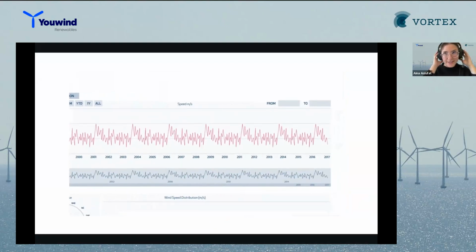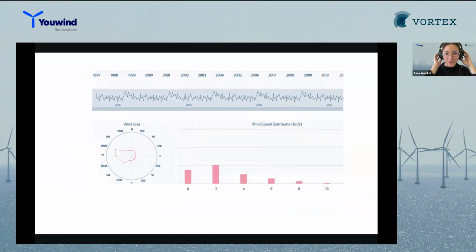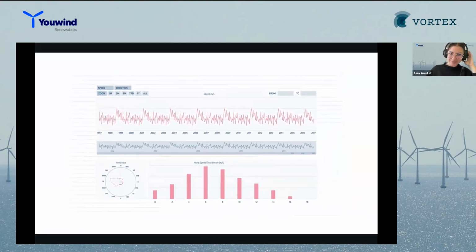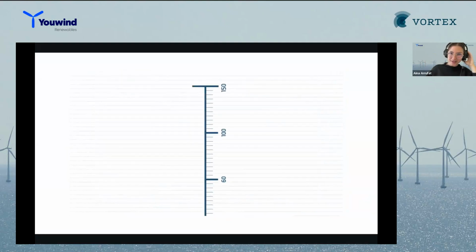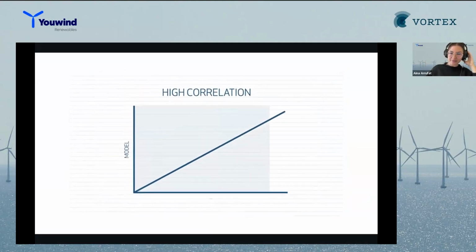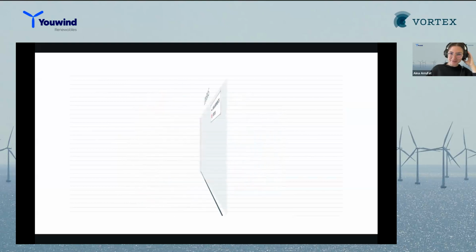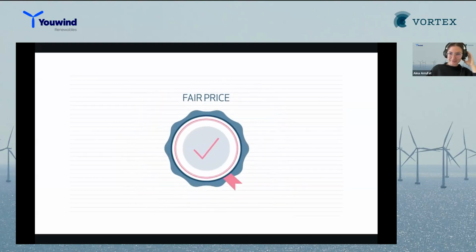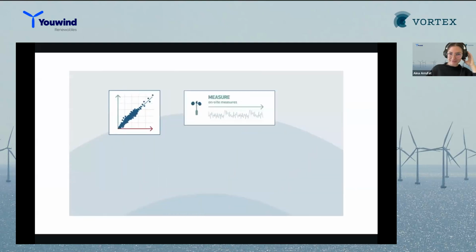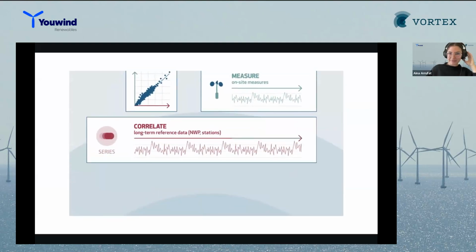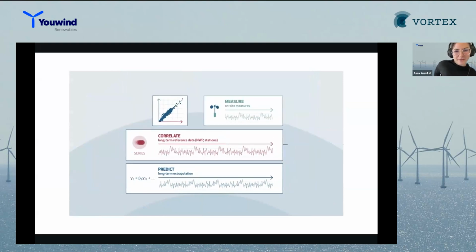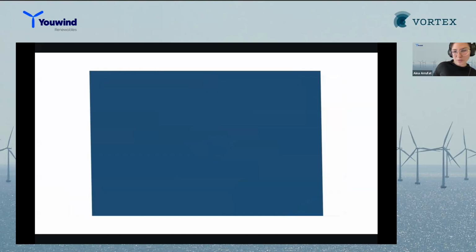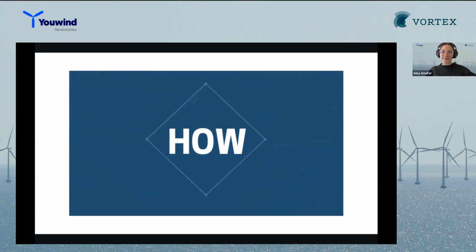Up to 30 years time series, model data, wind speed distribution, and different heights up to 160 meters. MCP method included in one series through Vortex interface, available worldwide.